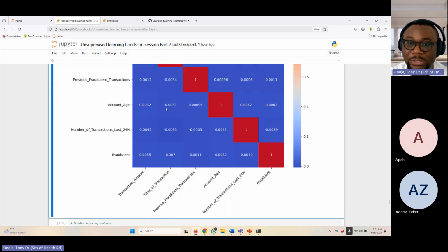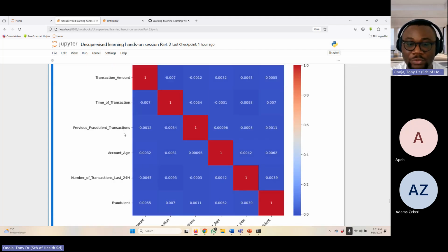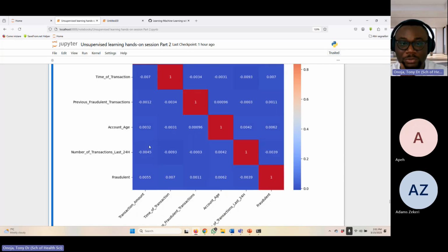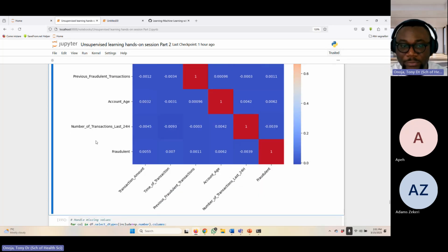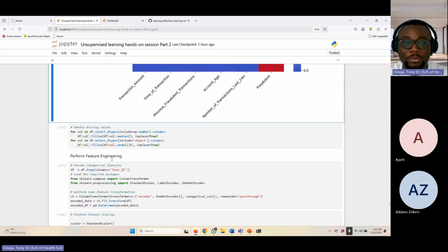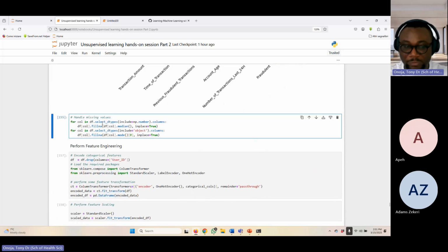But this is a way of seeing whether it is a positive or a negative sort of relationship, stuff like that. Those are the kinds of things you'll be looking out for. But we didn't really see any form of correlation as such. But again, we would get to see what happens.